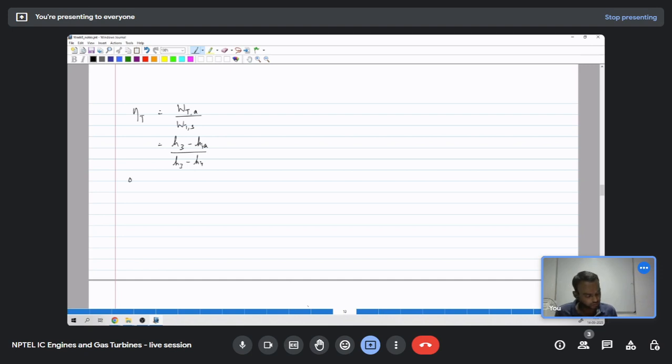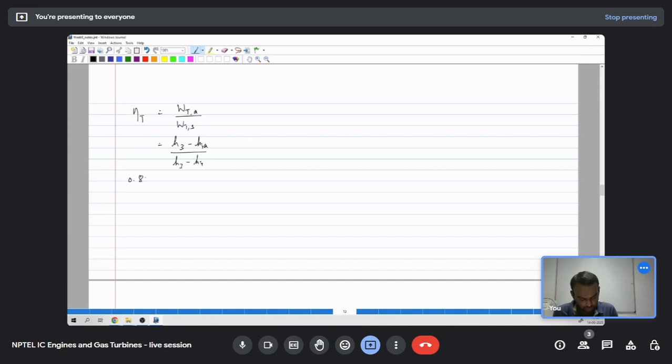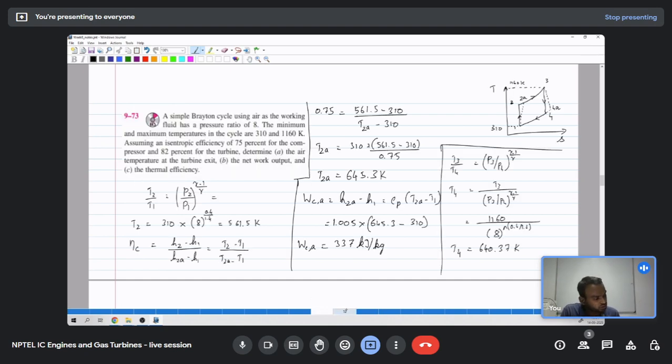This efficiency is given as 0.82 for the turbine, and this will become T3 minus T4A divided by T3 minus T4. So that is 1160 minus T4A divided by 1160 minus T4, which is 640.37.